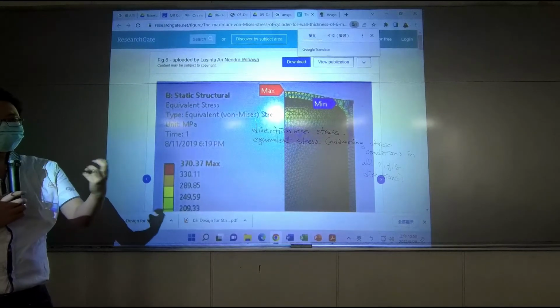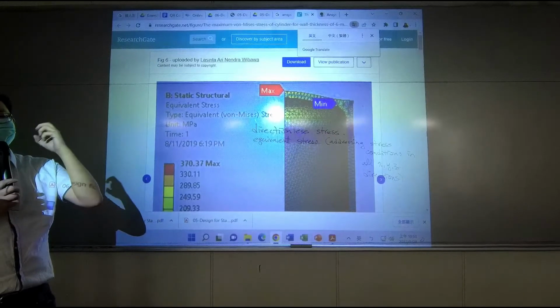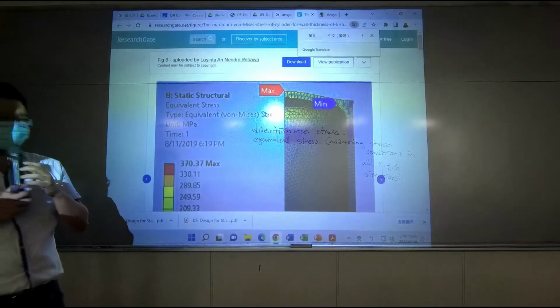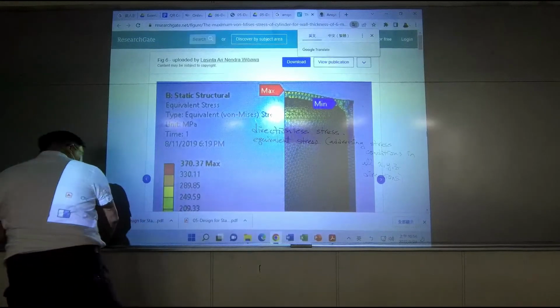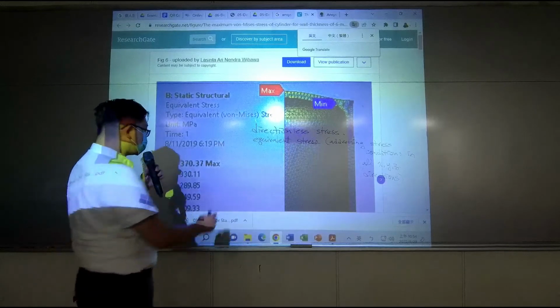So how can we make sure that yellow material is within the safe region? You would just use the maximum distortion energy.